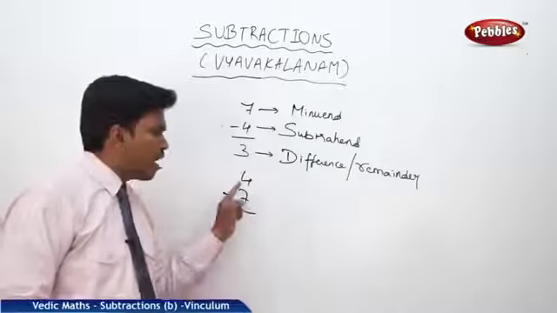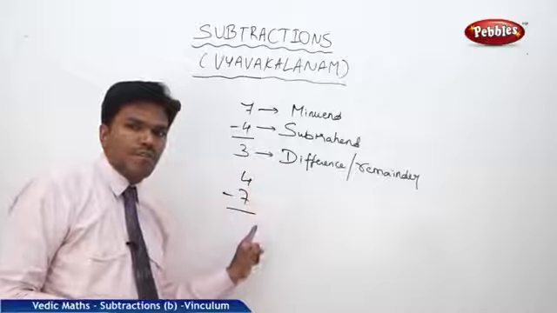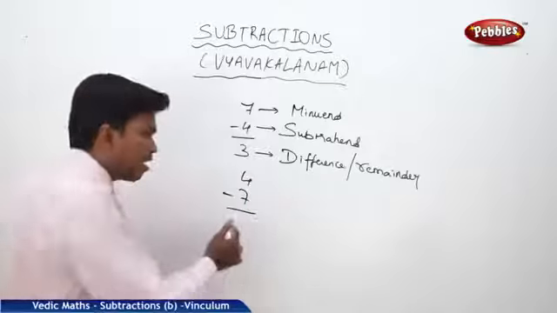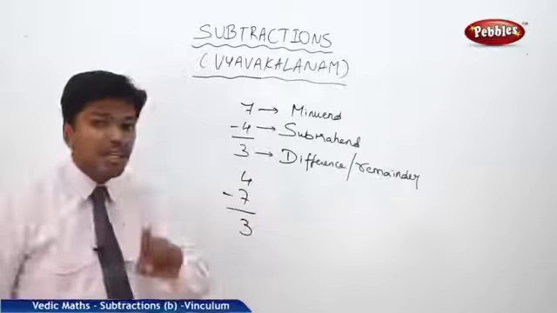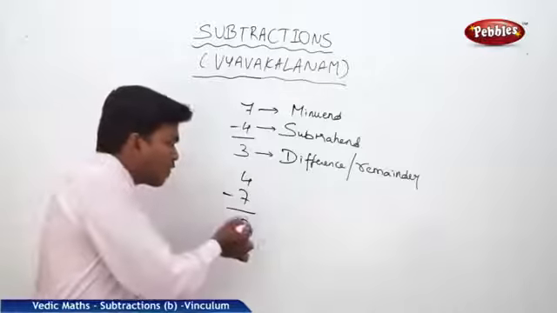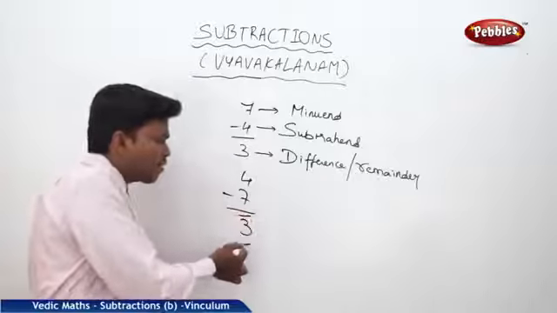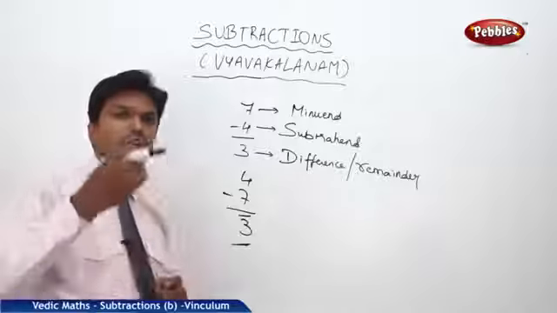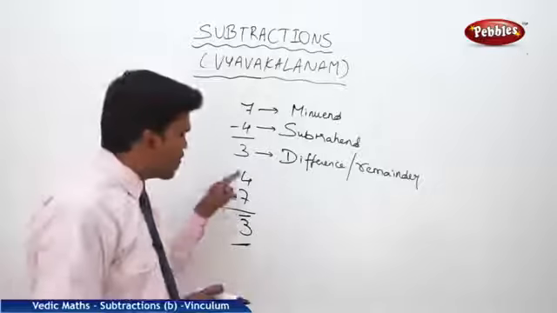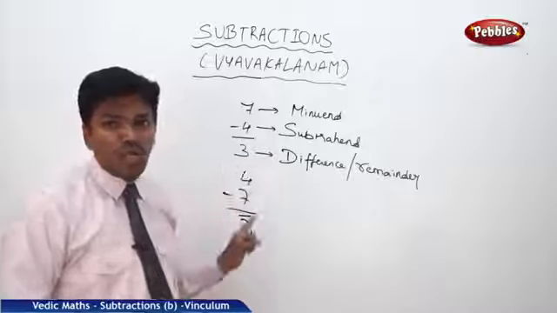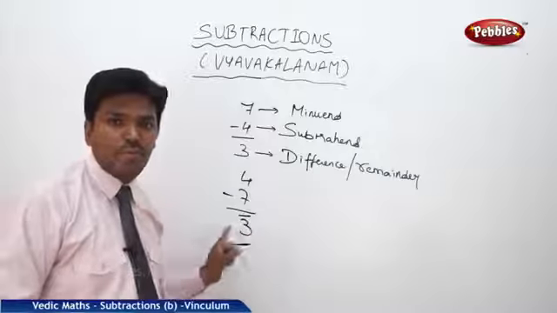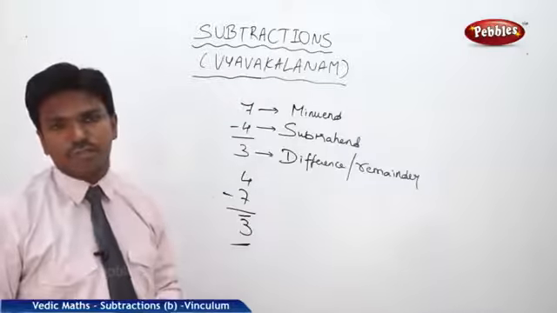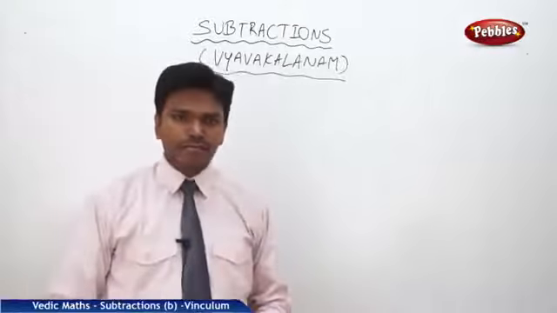That means we subtract the 4 from 7, and we write the answer as 3, but we put a bar on it. Why? Because we did the negative subtraction. So 4 minus 7, the result is 3 with a bar on it, that is 3 bar, right?